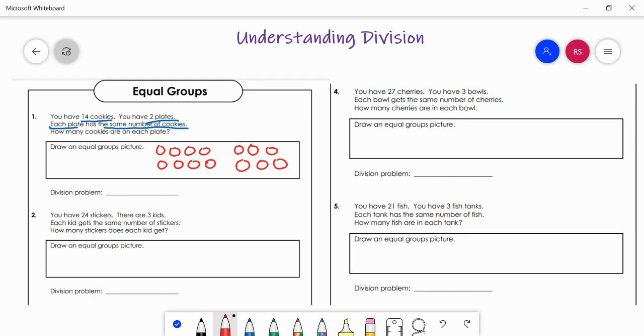All I did was draw 14 cookies, okay? Now, I have to pretty much divide 14 into 2 different groups, right? I have to just figure out, okay, how many are going to be in each group? So what I'm going to do up here is I'm going to draw my 2 plates. And let's just say these are my plates.